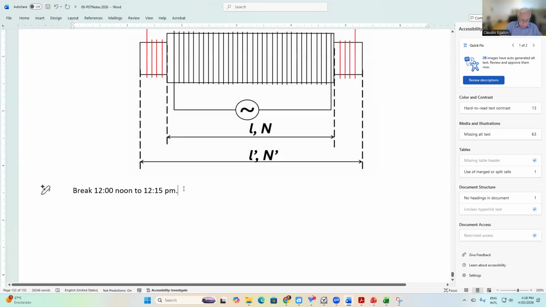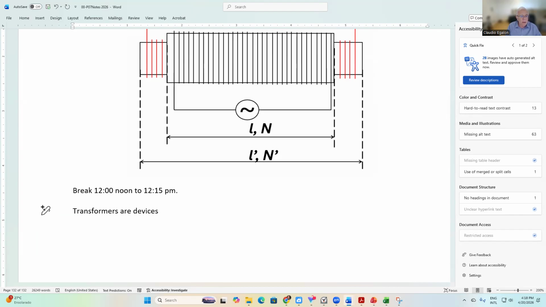Okay? So transformers, again, I think I already said that, right? Are devices that can either increase or decrease the peak voltage of an original circuit.